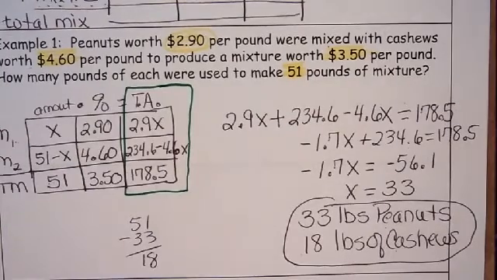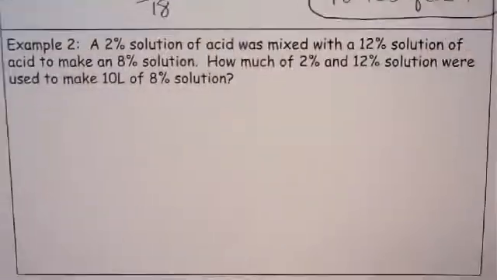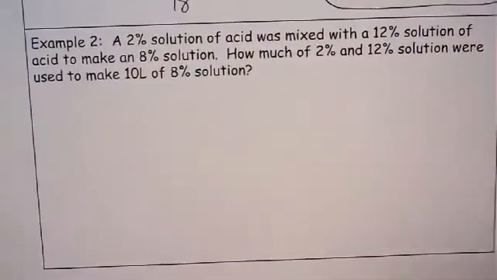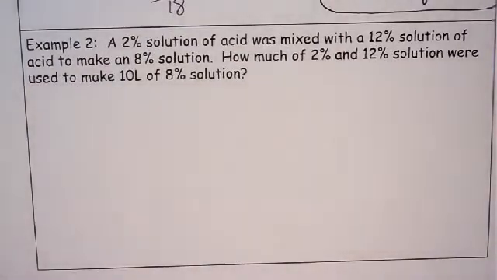Okay. Now, example 2 is a little different, but it's still the same problem solving. So let's copy down number 2. A 2% solution of acid was mixed with a 12% solution of acid to make an 8% solution.